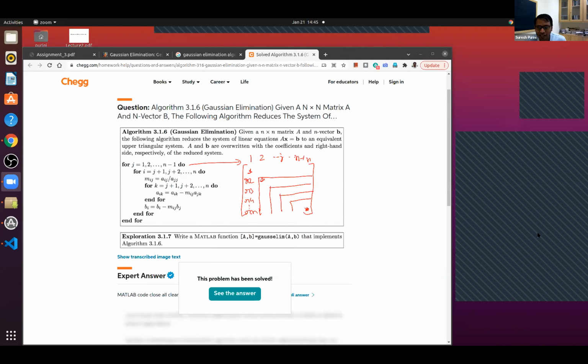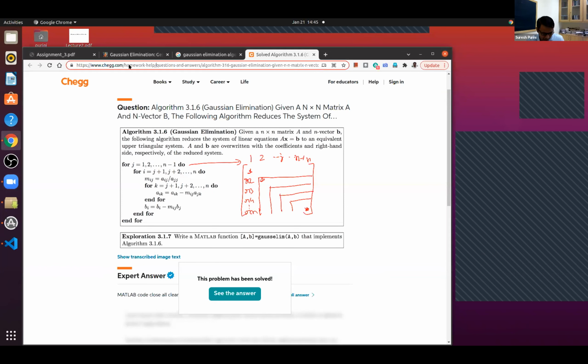Rediscovering things is also research, but don't copy paste. Yeah, wiki page. I'm sure Wikipedia will also have it. This is a very standard thing, even wiki will have it.